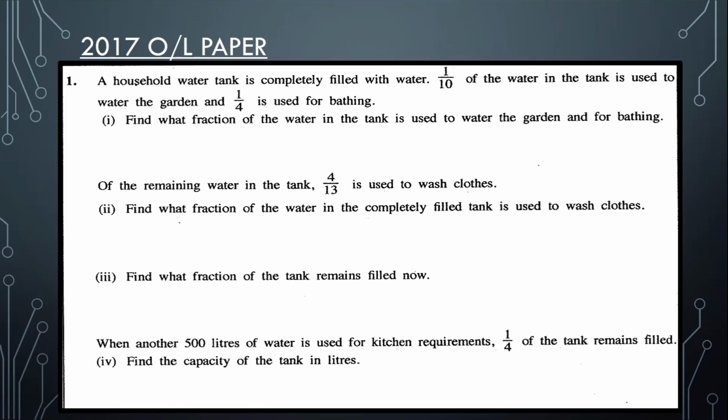Okay, so here, a household water tank is completely filled with water. So you have a tank filled with water, and I'll take that as my one portion. From that, 1/10 you are going to use for gardening.